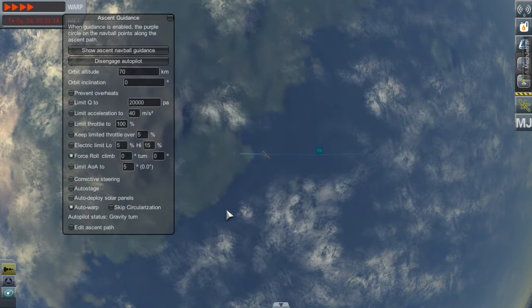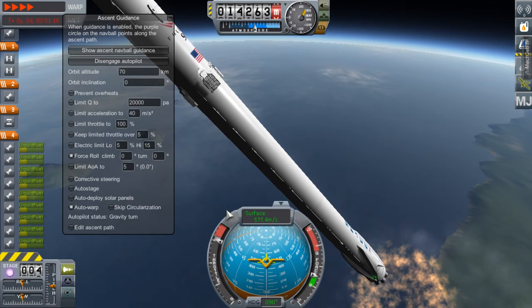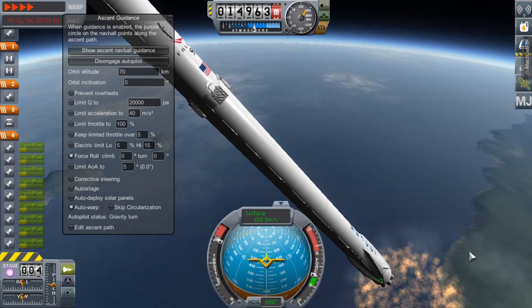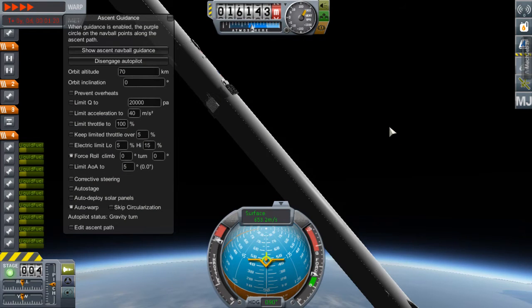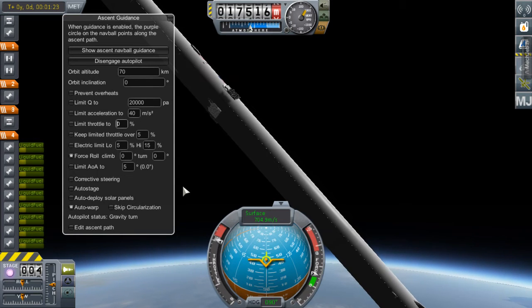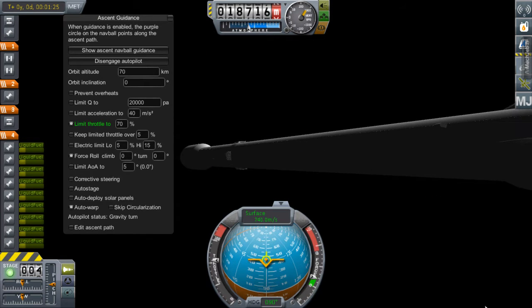Apoapsis above 20 kilometers. Beginning vehicle throttled phase of flight. Vehicle throttled phase of flight is active.